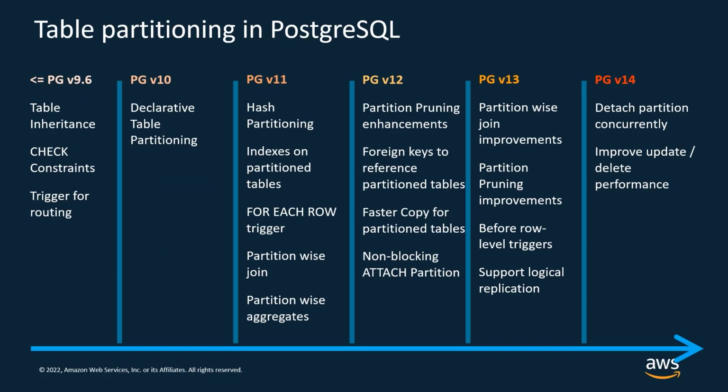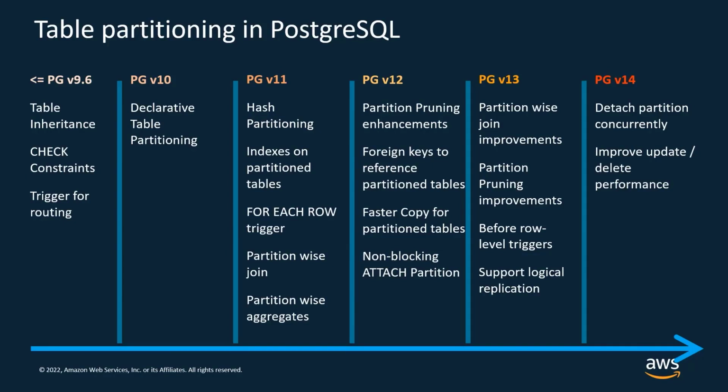Let's take a closer look at the Postgres table partitioning feature. Before Postgres 10, Postgres users partitioned their data using inheritance-based partitioning. The method uses constraints to define the partitions and rules or triggers to route the data to appropriate partitions. A user had to write and maintain code for that.